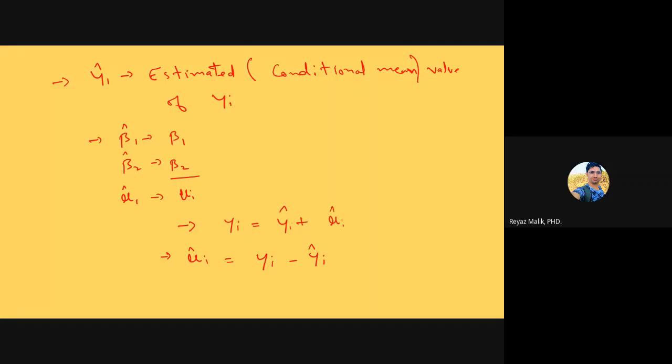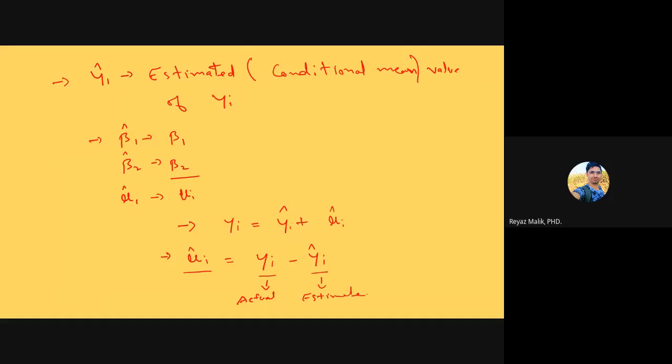Why? Because what we want to interpret from it is that the estimated error we have got is equal to the difference between the actual line and the estimated line. That error component is equal to this. This one is the actual function, and this one is estimated.